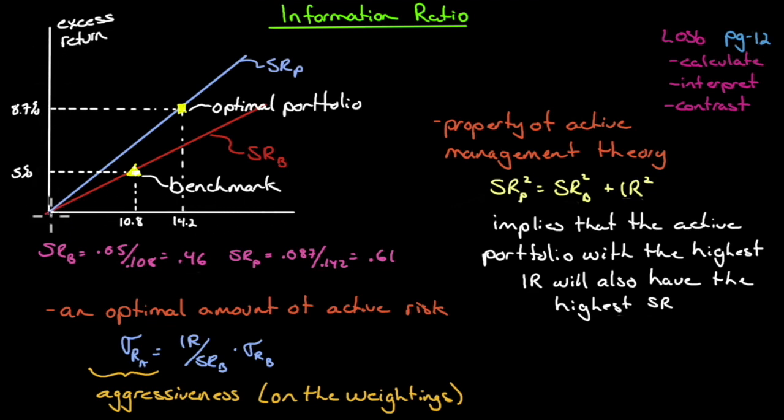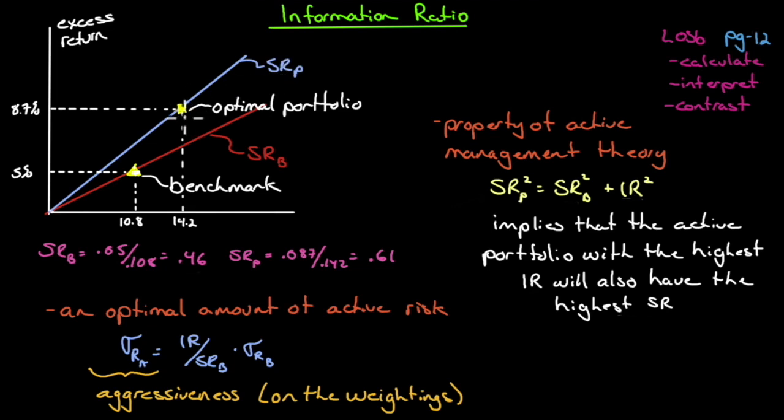So rather than having our optimal portfolio lie on the capital allocation line that's got the steepest slope intersecting with the risk-free rate, it intersects with 0 because this is just excess return now. And we know that the optimal portfolio is that portfolio which lies on the steepest capital allocation line, the capital market line. That'll give us the best return for risk, the one with the highest Sharpe ratio.